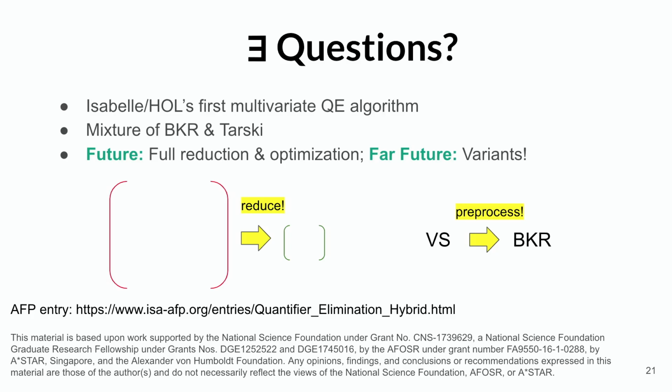Okay. Let me tell you about the complexity results. So in the original BKR paper, there was an error in the complexity analysis, which was later fixed by some researchers like Renegar and Canny and others. And it also depends on what metric you're looking at. So I will not try to say what the complexity of the original BKR algorithm was, because I don't know if anyone has definitively given the correction.